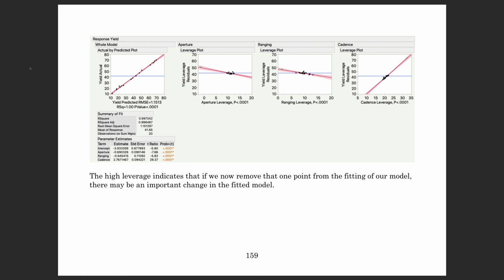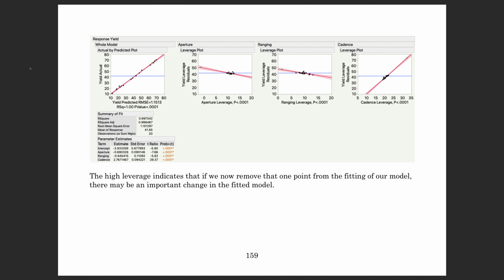If we first of all look at the graph on the left, this is fitting the actual y's against the predicted y's. You can see this looks very good. The adjusted R-squared is 99.6%. You can just about see the plus symbol somewhere along that line, right?